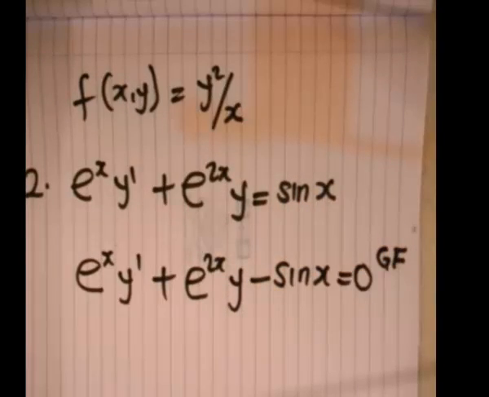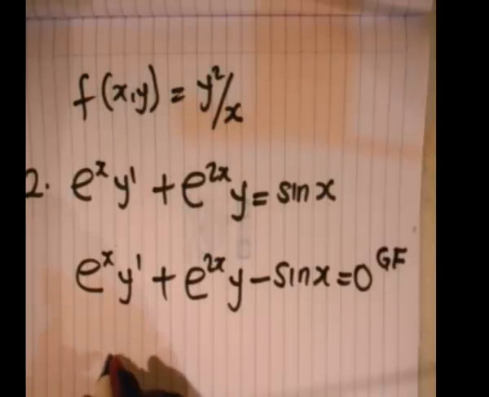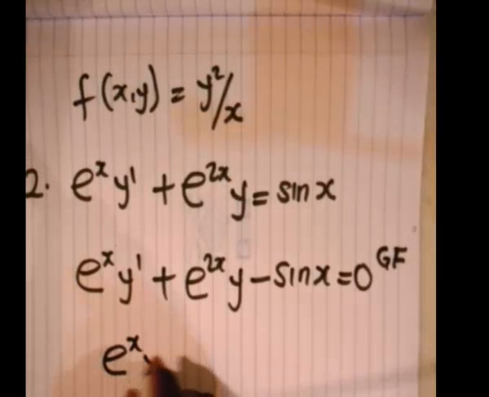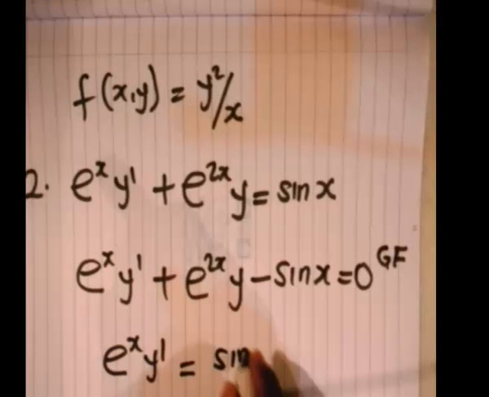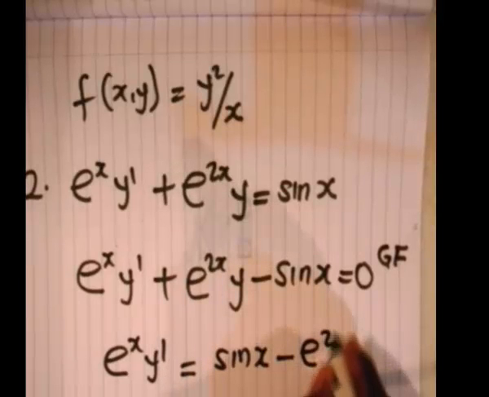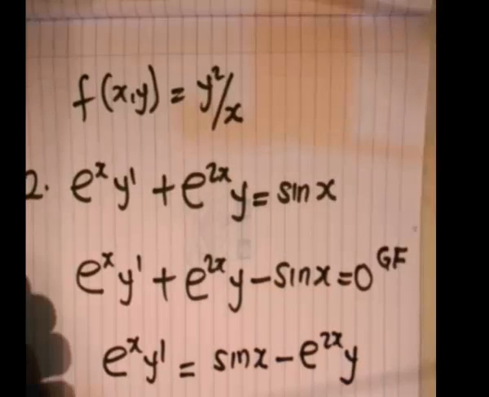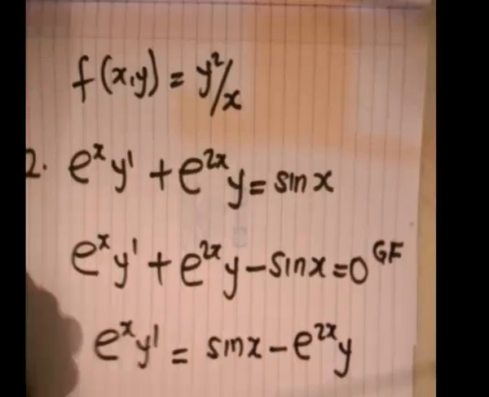To the standard form, make y' the subject of the formula. e^x y' equals sin x minus e^(2x) y. Divide both sides by e^x.